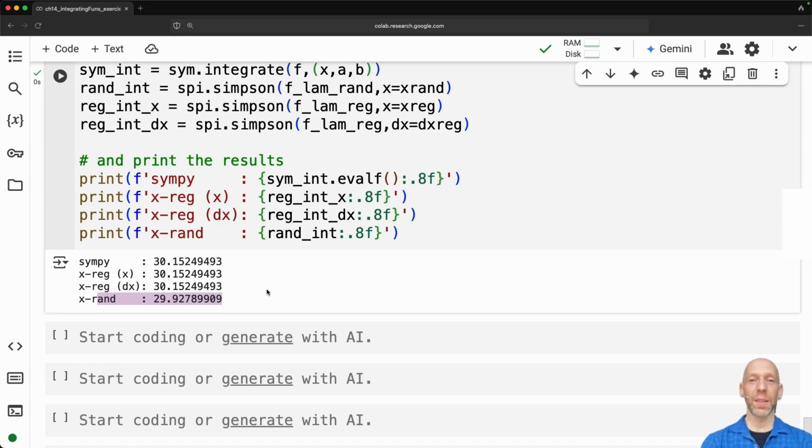So I hope you found this exercise interesting. You might be wondering, what is the point of randomly coming up with numbers? Isn't it always better to have regular spacing? The answer is yes. It is oftentimes better to have regularly spaced numbers for evaluating mathematical functions, but we don't always have that luxury, especially if you are working with applications and with experimental data.